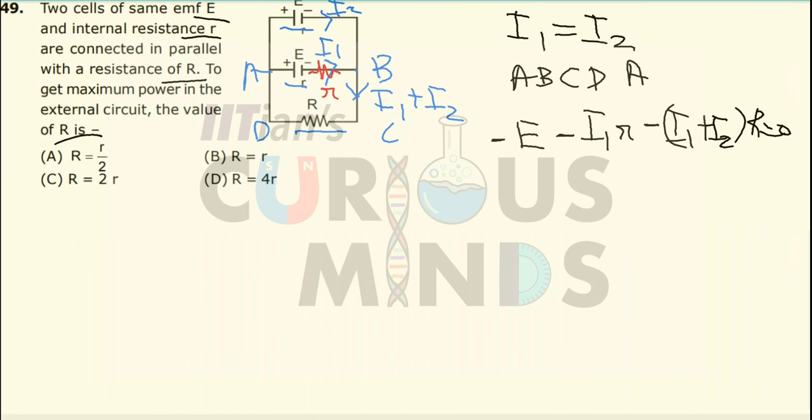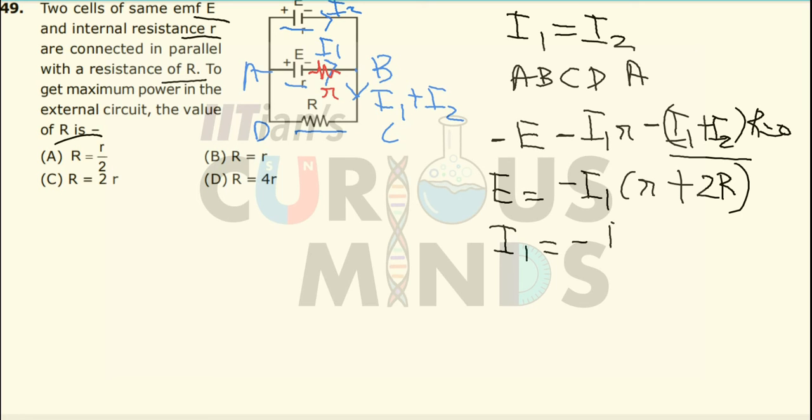Basically I1 and I2 are the same over here, so I1 plus I2 is equal to 2 times I1. Taking I1 common, E is equal to I1 times (r plus 2R). So I1 will be equal to E divided by r plus 2R.